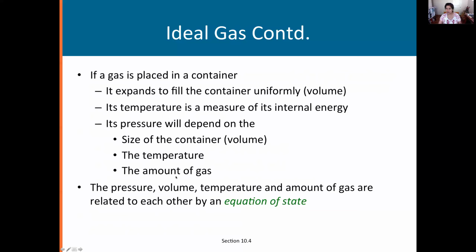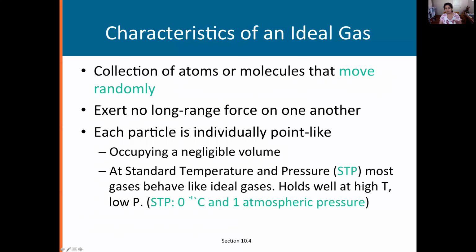So again, direct variation between N and P. Okay, so pressure, volume, and temperature and amount of gas are related together by the equation of state. Typically, this can be quite a complicated equation. We will study the simple version of that equation, which is the ideal gas law.